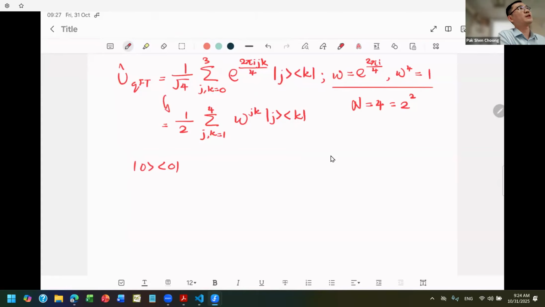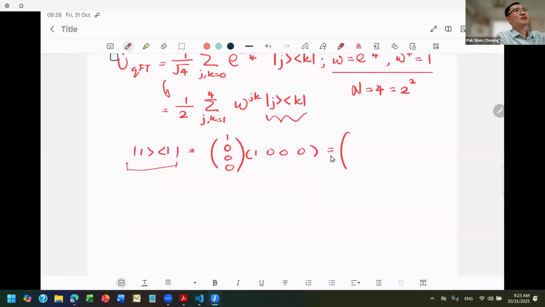Okay, because it's a 4-element thing, so it will be 1, 0, 0, 0. Right? Another thing, because I already changed the index, I move the 0 to 1 so that you run from 0 to 3 back to 1 to 4.